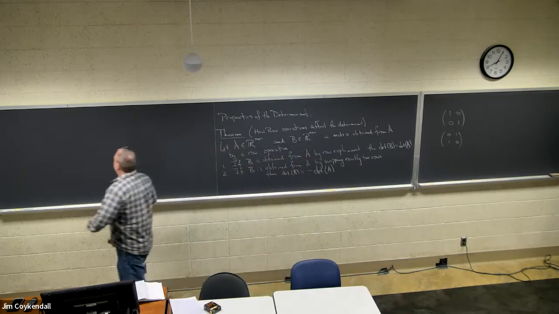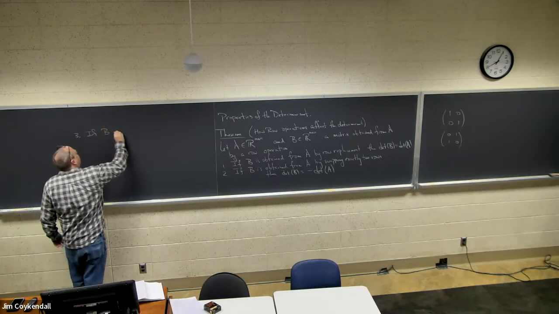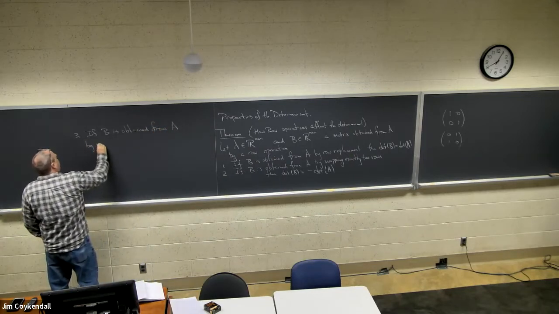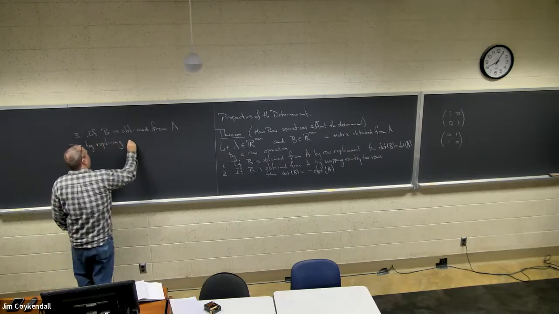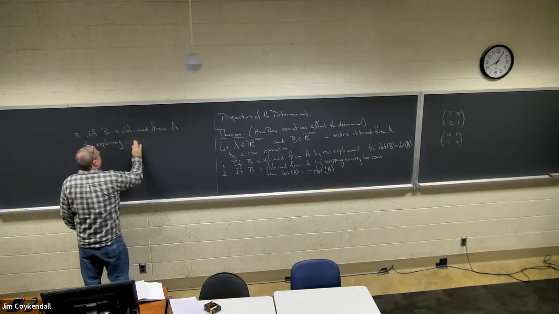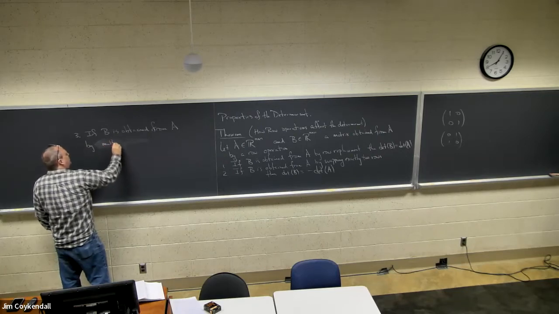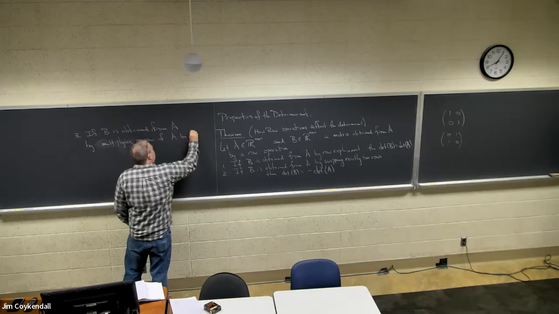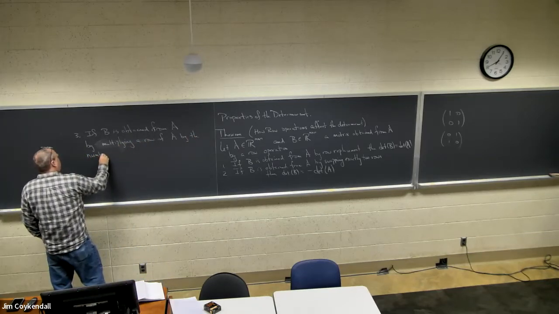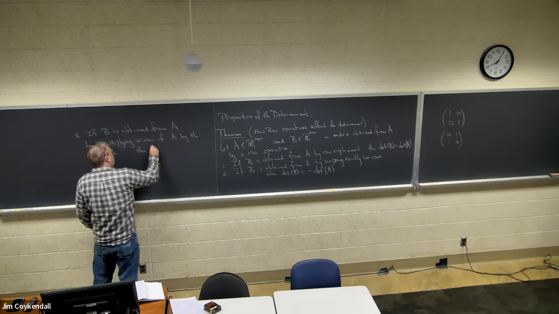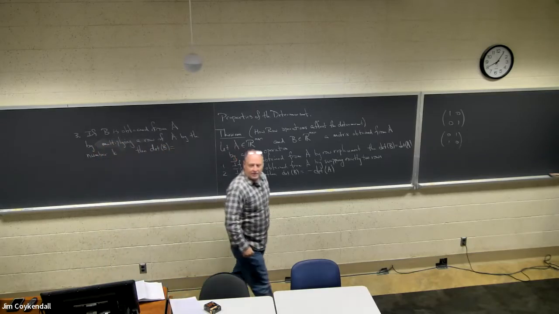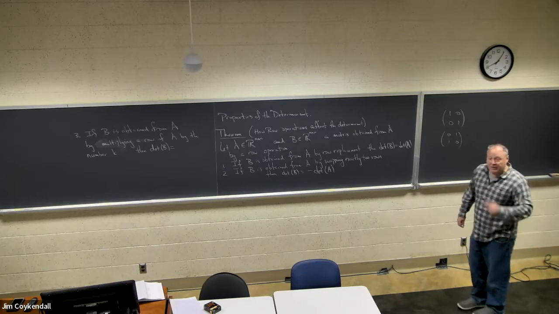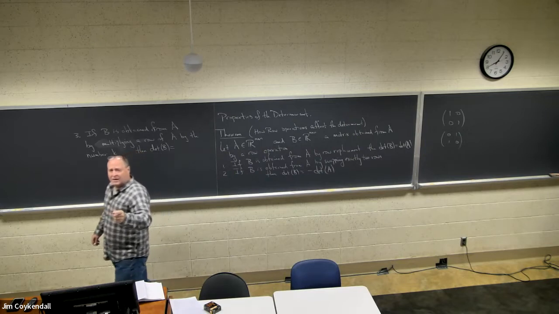And finally, number three, if B is obtained from A by replacing a row, say I'm multiplying a row of A by the number a, then the determinant of B is equal to, anybody want to guess? a times the determinant of A. What'd you say? a times the determinant of A. That is correct.